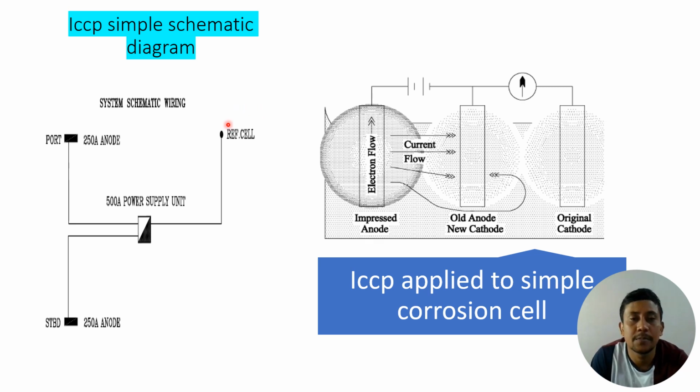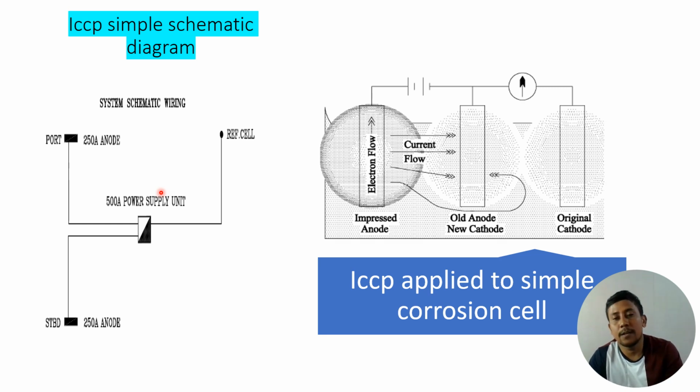After receiving the signal from the reference cell, the power supply unit decides and supplies power to the strap anodes fitted on the port and starboard sides of the ship. It is doing the same thing as shown here, providing current flow through the anodes on the port and starboard sides of the ship.